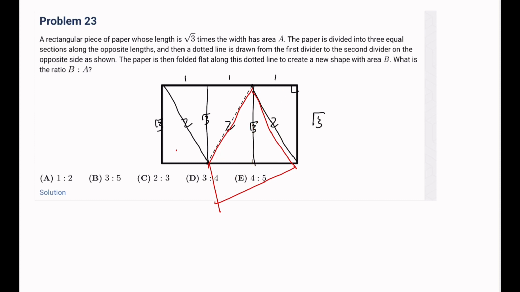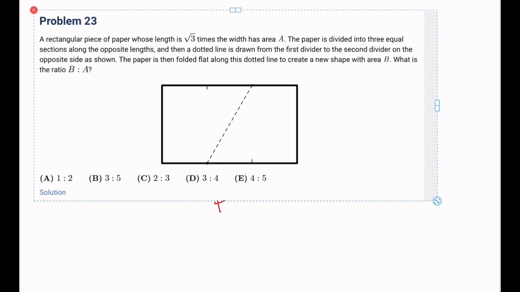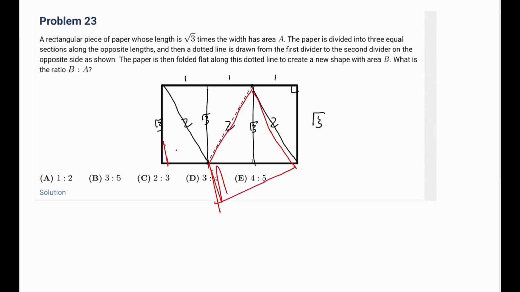And so if we see this triangle is the same as this triangle, right?